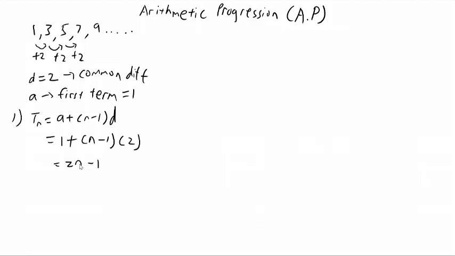So let's double check the general term. When n is 1, 2 times 1 is 2, 2 minus 1 is 1, which is actually your first term. When n is 2, you're finding the second term, T2. 2 times 2 is 4, 4 minus 1 is 3. Can you see that the second term is 3?